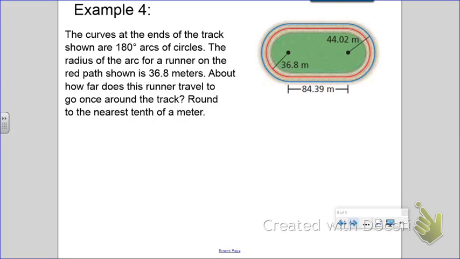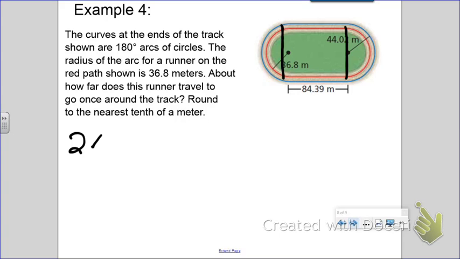In our next example, we're first going to figure out the circumference. We're going to take 2 times the length of each of the straight sides, and then we're going to add to that 2 times the length of each of the half of a circle or semicircles to find out how far we're going to go around the track. So we're going to take and divide this up.